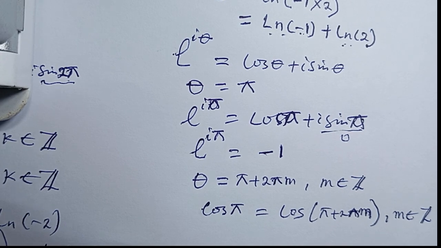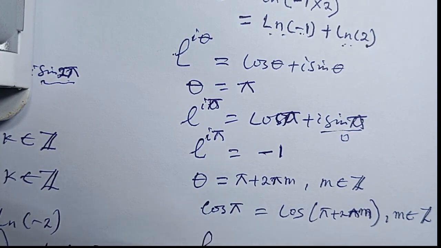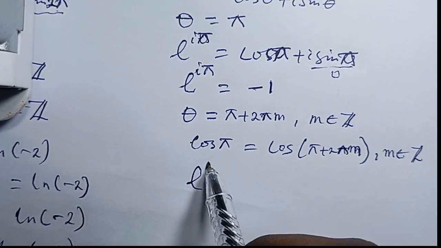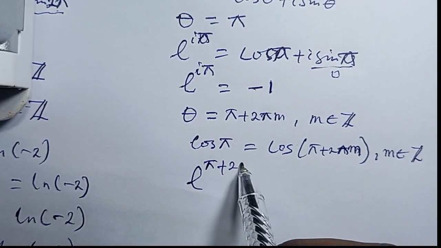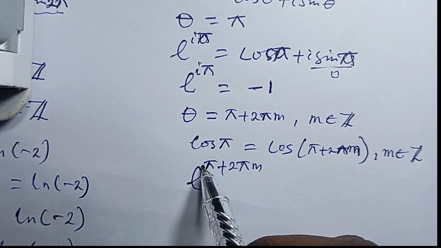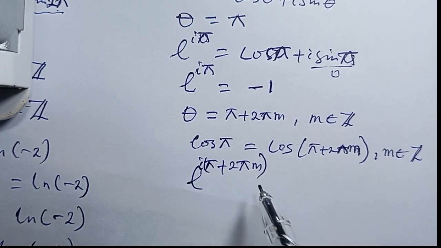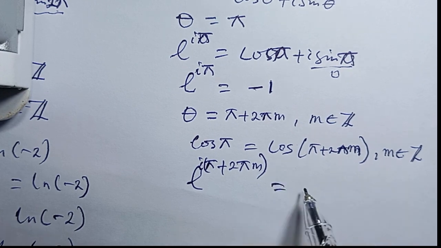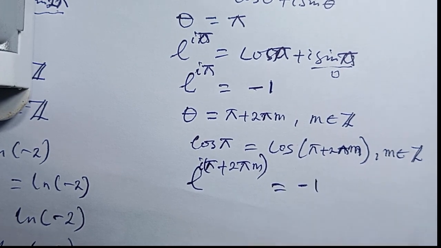So in general we are going to replace this negative 1 with exponential i times pi plus 2 pi m, which gives negative 1.